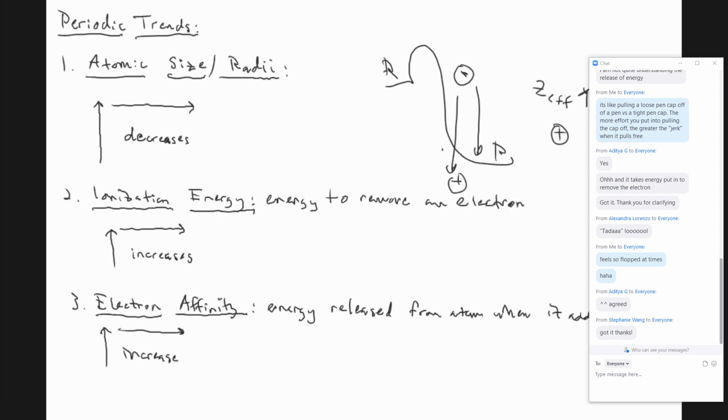Does that make sense for the person asking the question who's privately asking me? Can you say that one more time? I didn't ask you the question, but I heard you say as Z effective goes up, then you're adding more protons, right? More protons means greater pull. So this all goes back to Coulombic force, right?